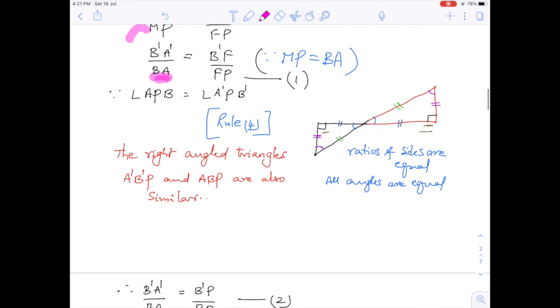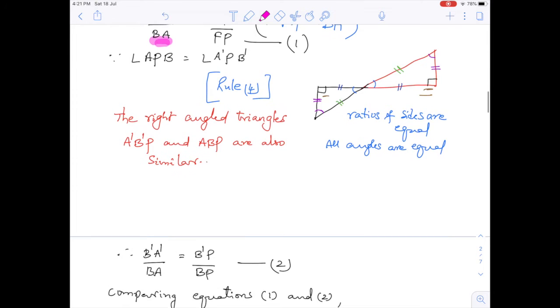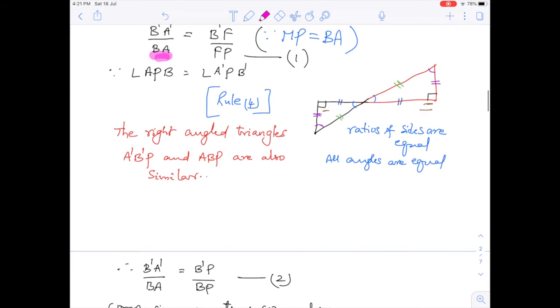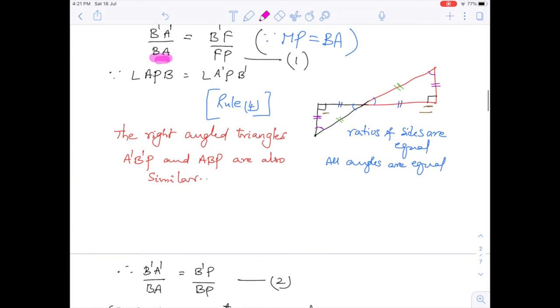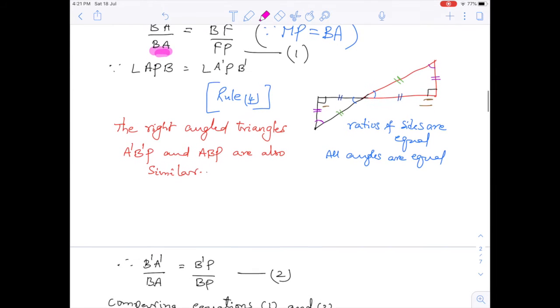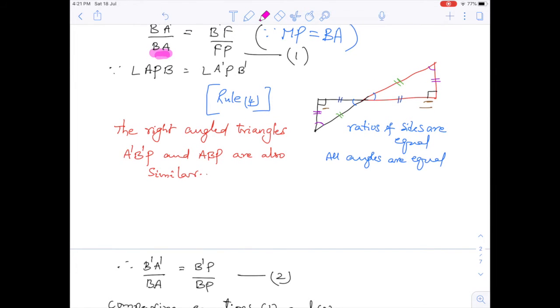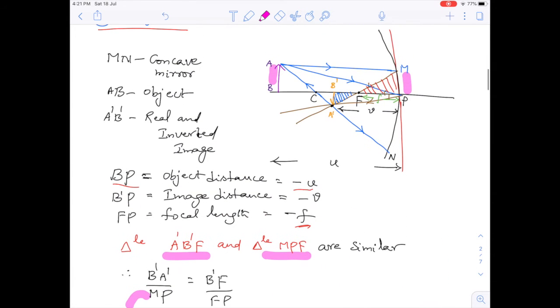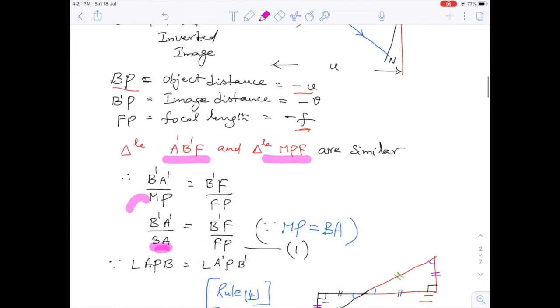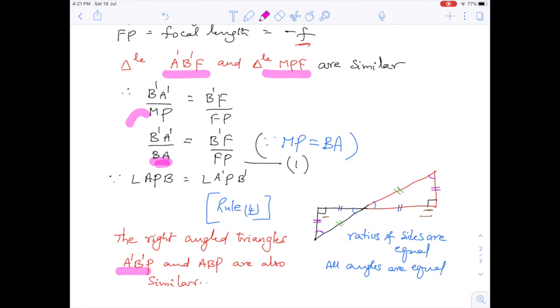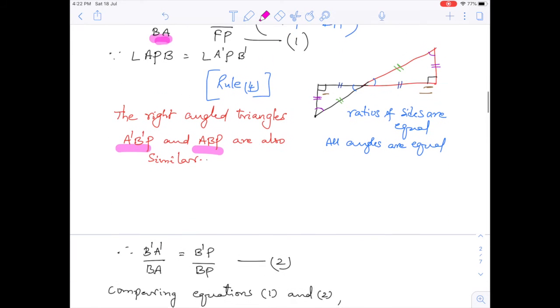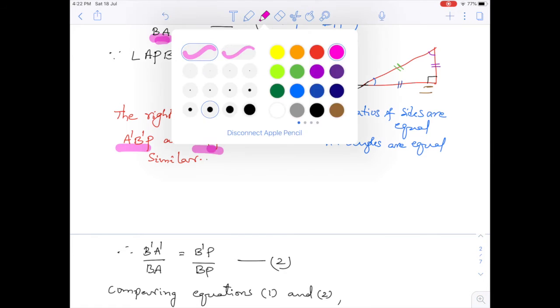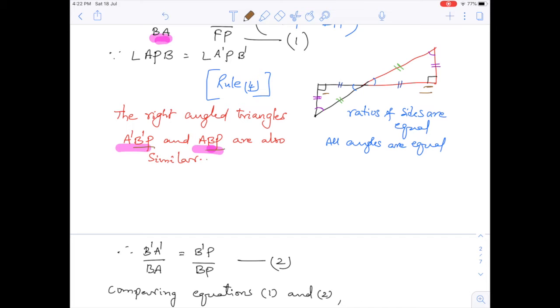Then B dash A dash by BA, considering the corresponding sides from these two triangles, I can write as B dash P by BP.